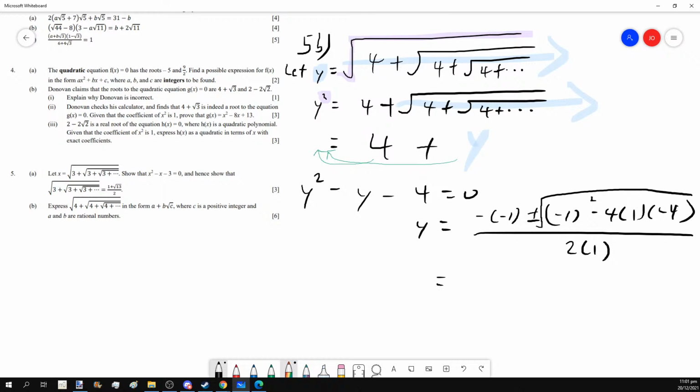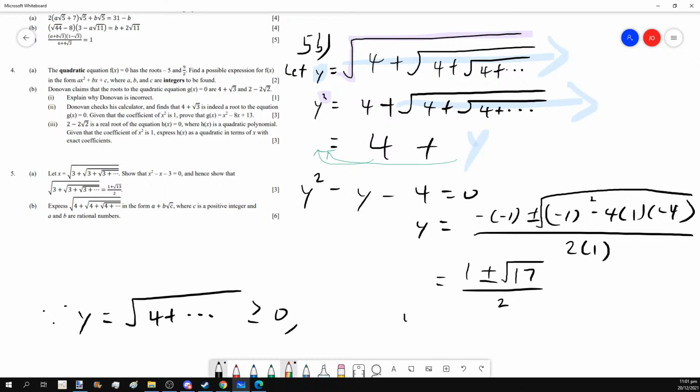This will give me 1 plus minus the square root of 1 plus 16, so that's square root of 17, over 2. And then, same as before, since y is equal to a chain of square roots, it will be greater than or equal to 0. We will reject the negative answer and keep the plus. And then we are done.